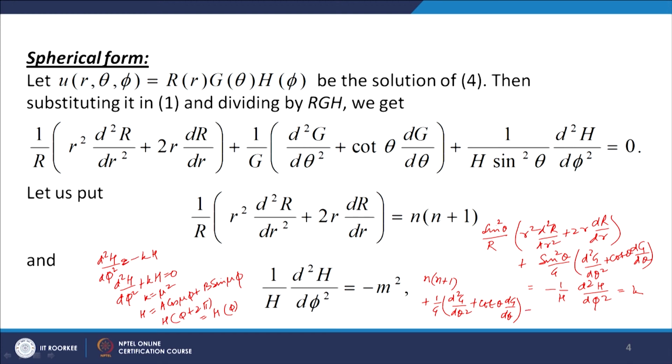So, we will have minus m square over sin square theta equal to 0.